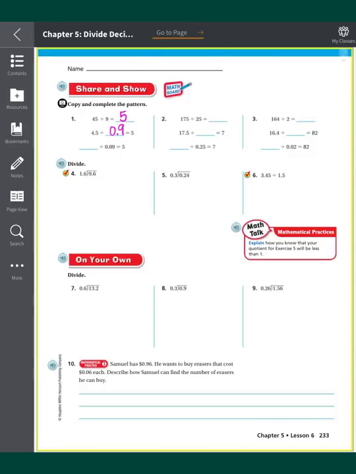Now I have hundredths here, so I need this number to show a hundredth. So here we have ones, tenths, hundredths. So you just need to be looking for the pattern to complete it.